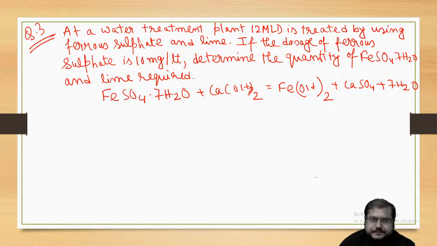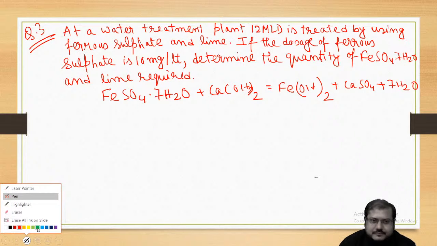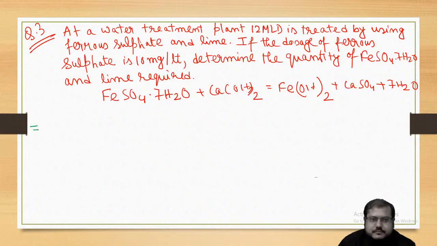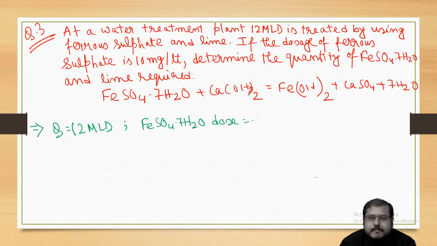Let's solve this question. Q is 12 mld. Ferrous sulfate dose is 10 milligram per liter.